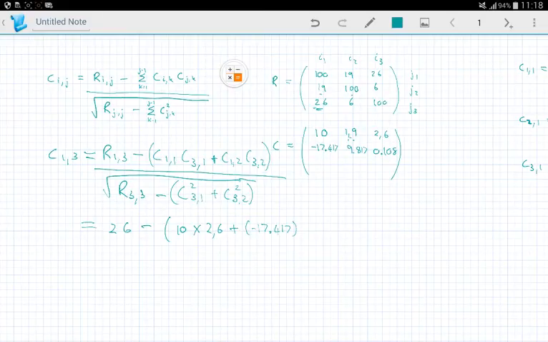I'm just really hoping I don't stuff up the notation. And then C3,2, which is 0.108. Gosh, this is messy. This is very messy. I wonder if anyone's written a piece of software to calculate these little bad boys. I'm sure there is some sort of R program that can do it. Some RStudio code.